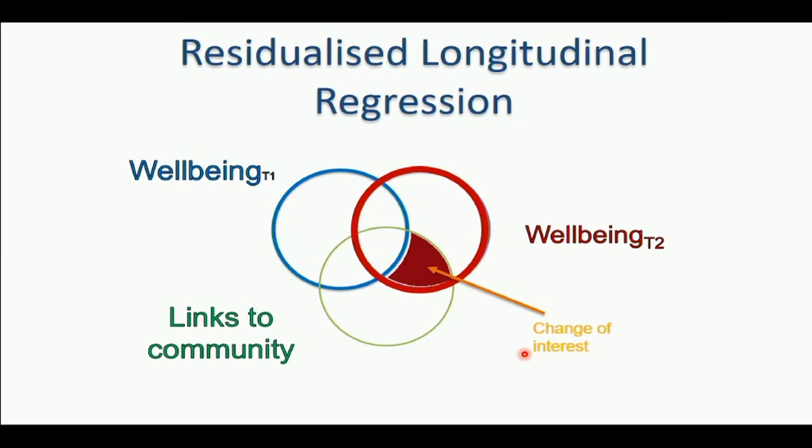If you're using the graphical user interface, SPSS calls it partial, but in the regression analysis, we're looking at the SR squared, so this is what SPSS calls part. And so your semi-partial is unique variance explained by links to community after controlling for the baseline level of well-being.